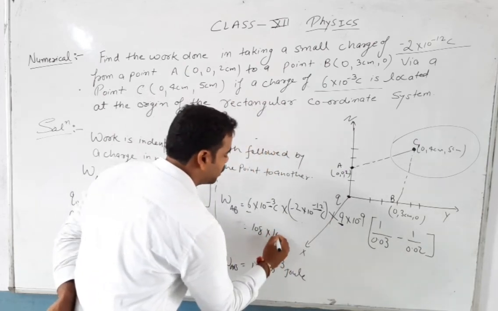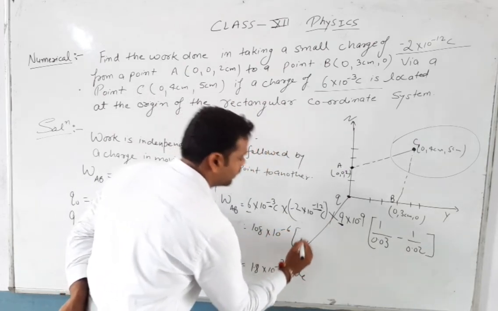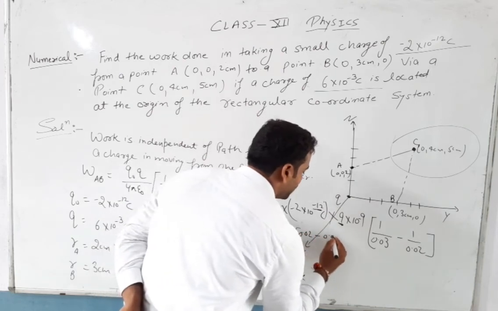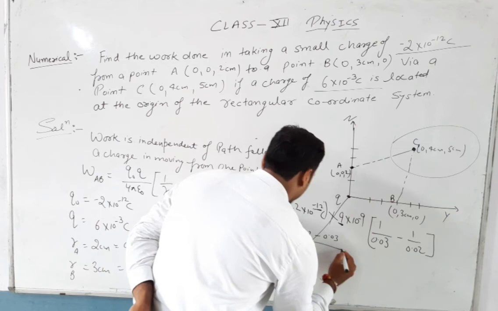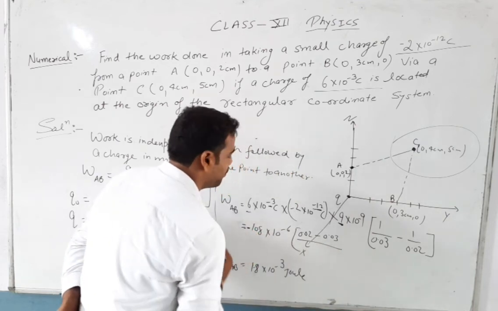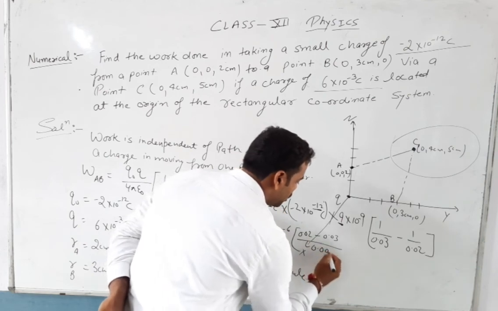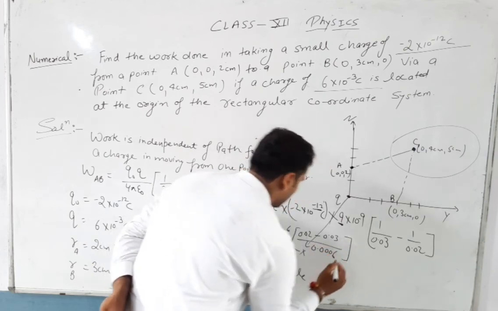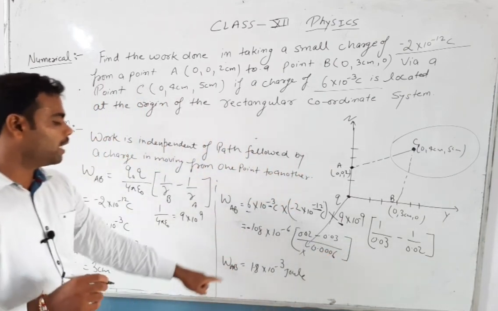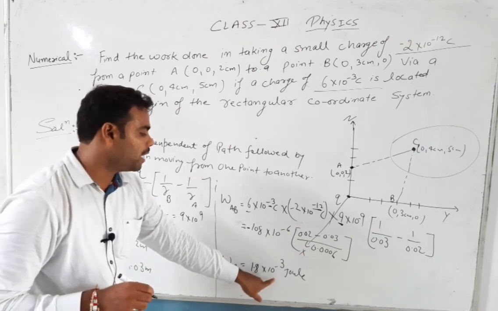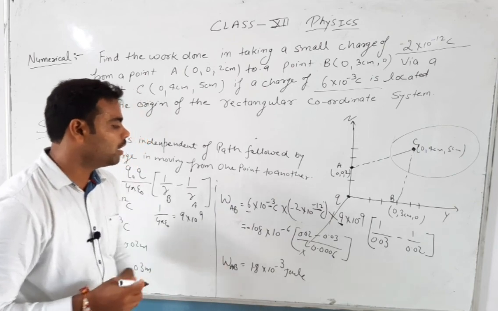So it will give you 10 raised to power -6, and this value will give you 0.02 minus 0.03 divided by... the minus sign we will put here. It will give you 0.0006. Okay, so after solving this, we will get our work done, which will be equal to 1.8 multiplied by 10 raised to power -3 joule.